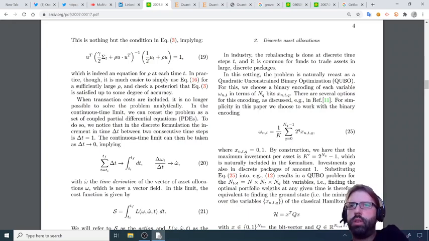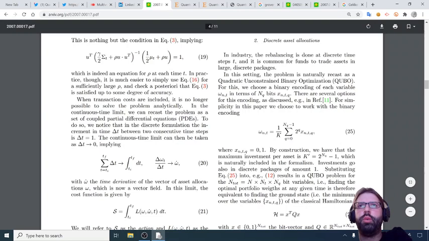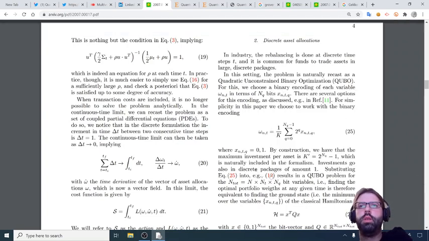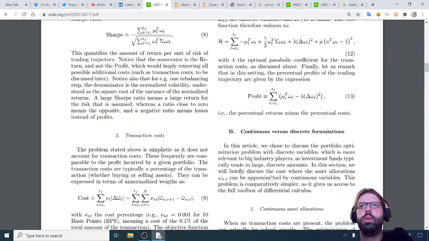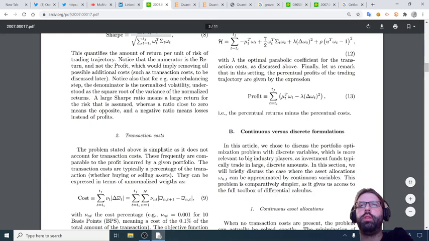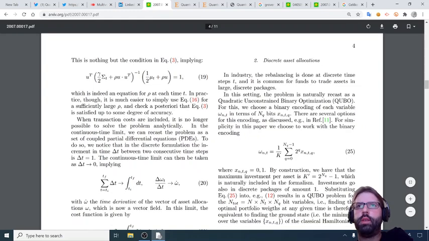So substituting equation 25, so this thing, into equation 12 results in, what is equation 12? Oh yeah, that part here. Okay, so you're replacing it here. And then it turns into the cubic thing, right? So you have each variable.